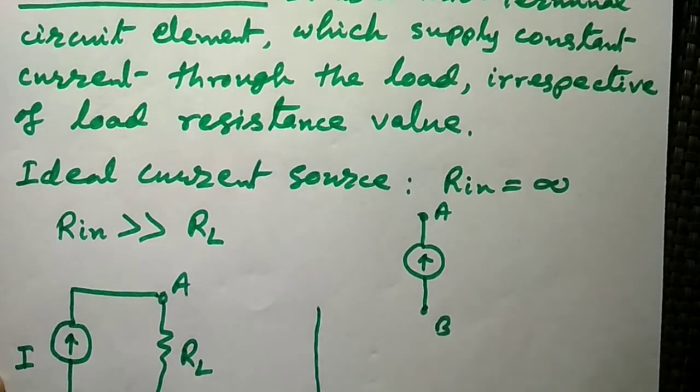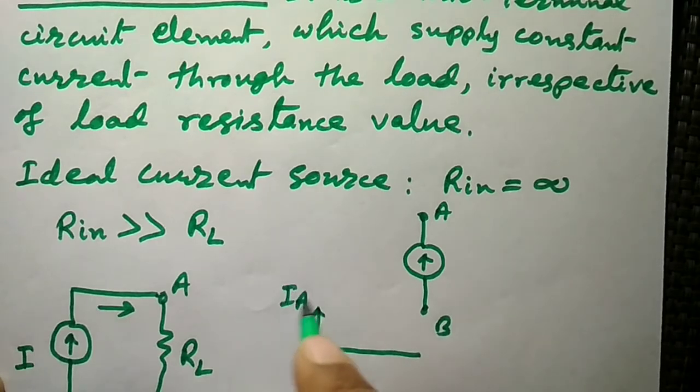So the current through the load will be constant with respect to the voltage or the time, that is, voltage across the load or the time. So this is the concept of the ideal current source.